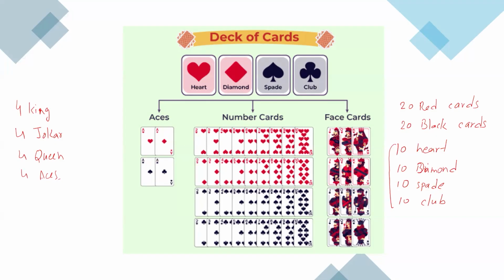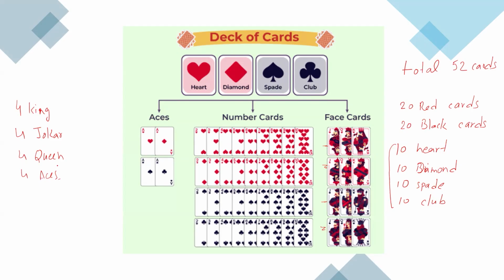Similarly, 2 black jokers and 2 red jokers here, right? They are red, they are black. Similarly, you have 4 aces. So this is the scenario. Total 52 cards, and that is how they are spread. So you have 40 here, and 12 over here. 12 you have face cards.